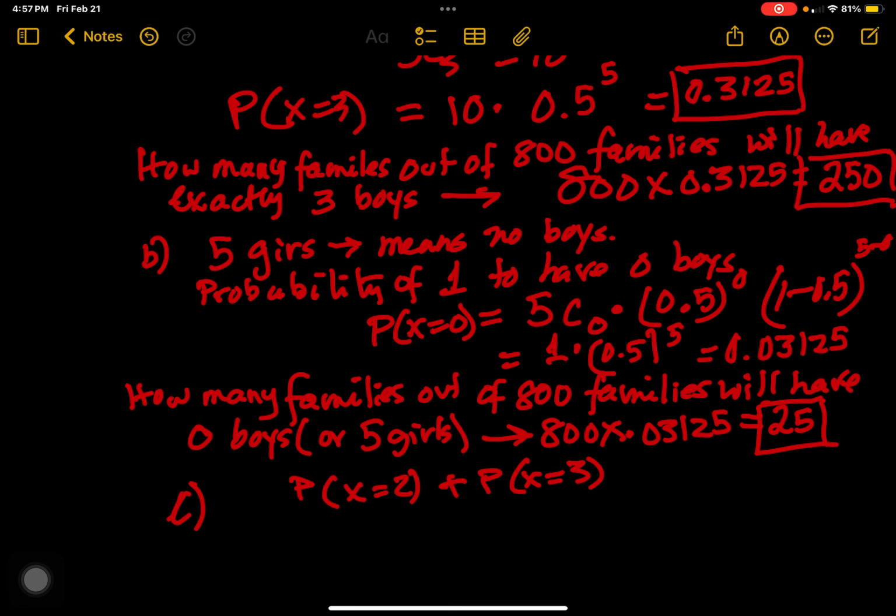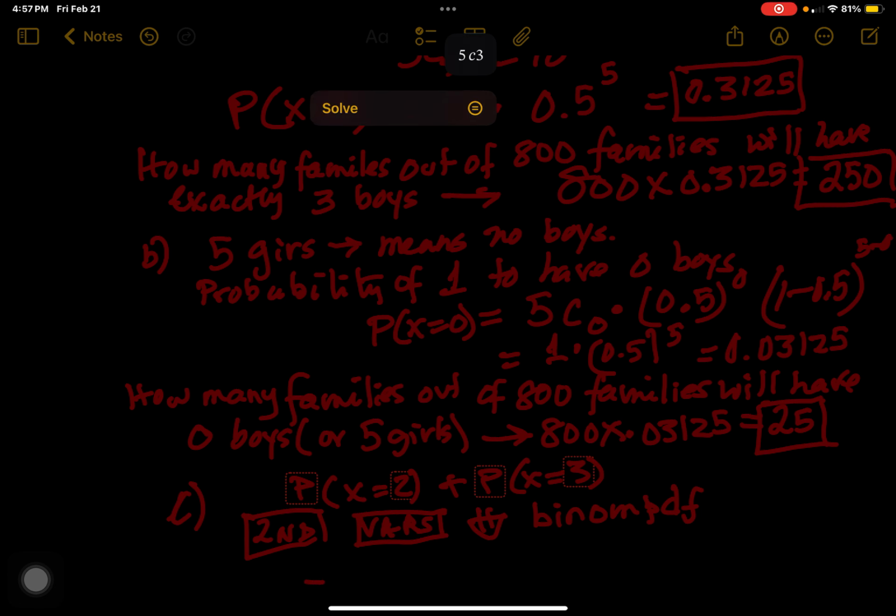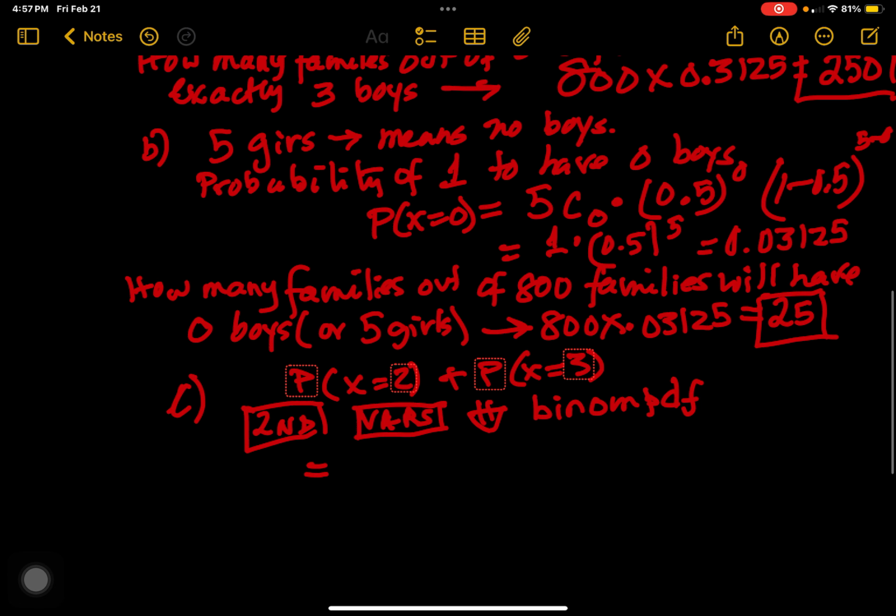In your calculator TI-84, you press the second key, the VARS key, second button on the top left, the VARS button. Then you scroll down to binom PDF, binomial probability distribution function. So the answer to this will be equal to binom PDF.